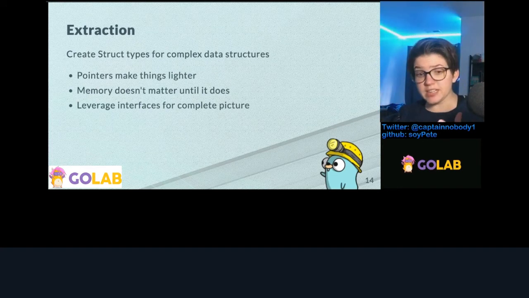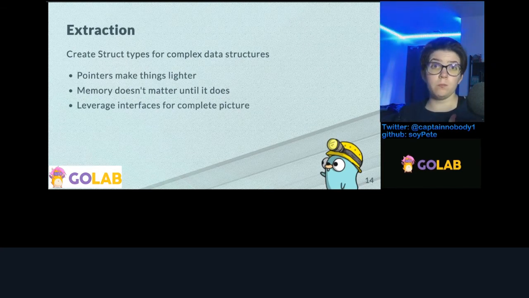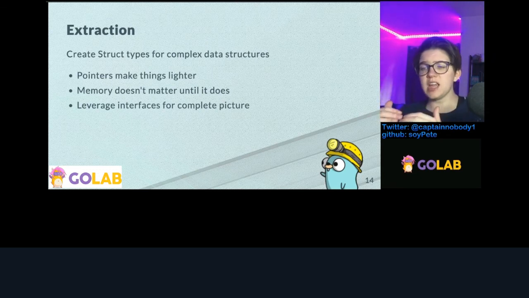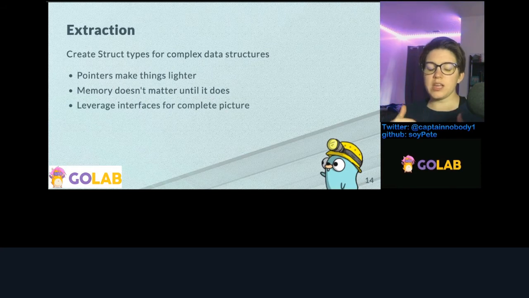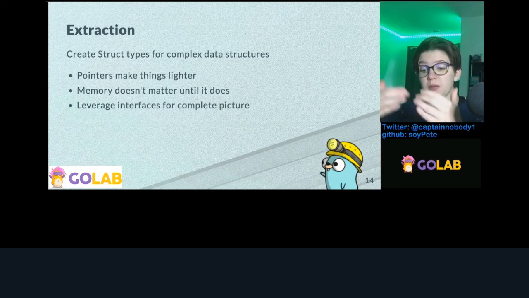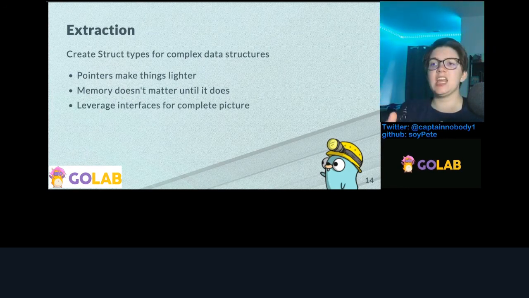If you have a complex data type, use your structs. Use Go-defined types to help store that data as an object. And then use a pointer across your system. We start running into problems with memory or with CPU when we start copying the data and reallocating bytes every time we call a data point.